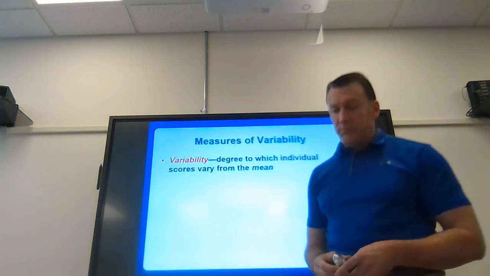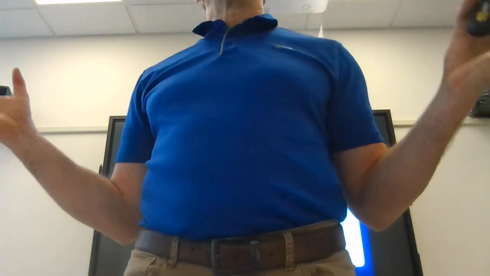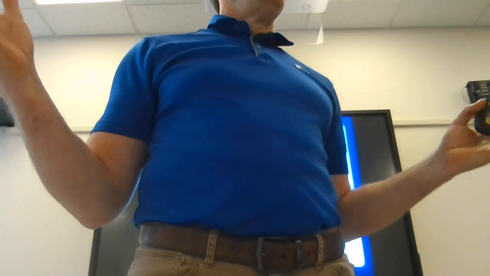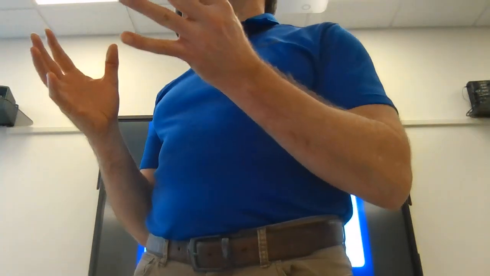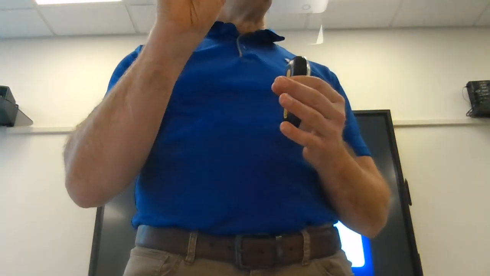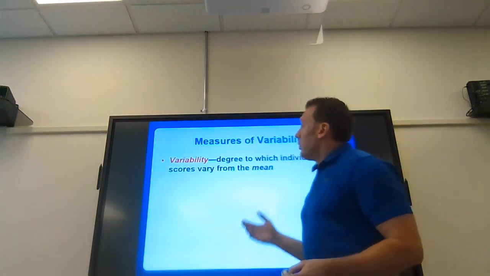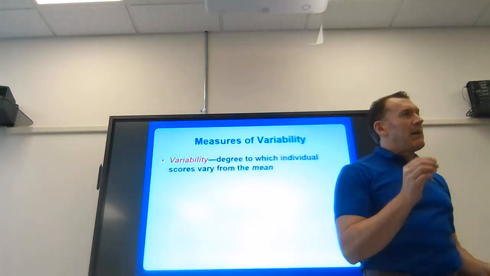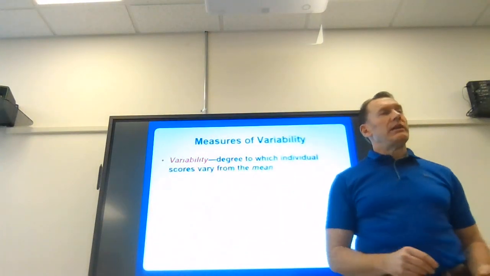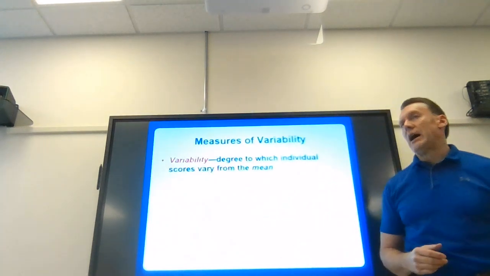Okay, so there are other ways that we could describe a sample, not just with the mean, but also how much variability we have around the mean value. Do you have very little variability? Are most people scoring close to the mean? Or do you have a lot of variability, where on average scores deviate a long way on either side of the mean? It's important to describe the sample in terms of the mean, but also how much variability there is, because that will determine whether you have a significant difference.